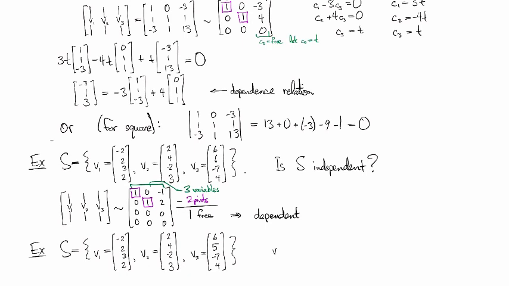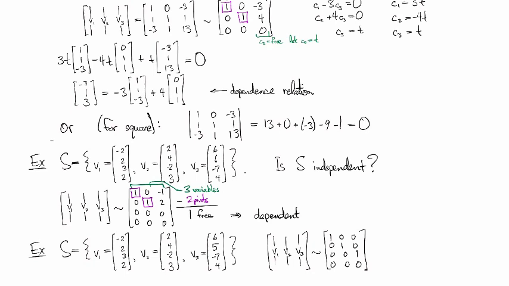Then if I look at the matrix formed by throwing in those vectors as columns, and I row reduce it, I end up with [1, 0, 0, 0], [0, 1, 0, 0], [0, 0, 1, 0].